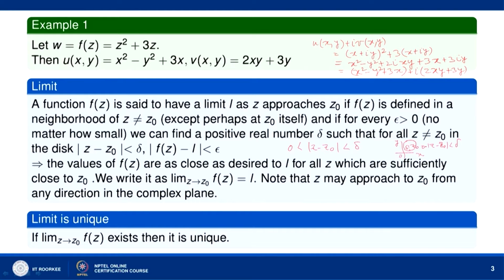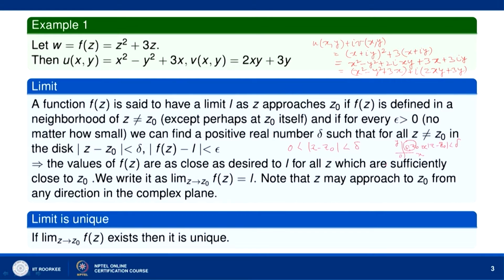So, we write 0 less than mod of z minus z naught less than delta. This is called a deleted neighborhood of z naught. So, mod of f(z) minus L must be less than epsilon in the deleted neighborhood of z naught, which means that the values of f(z) are as close as desired to L for all z which are sufficiently close to z naught.